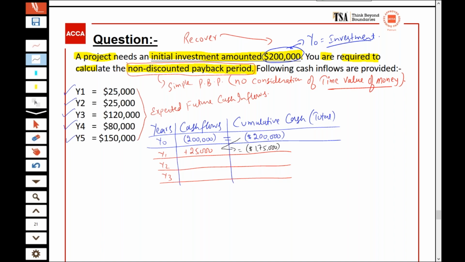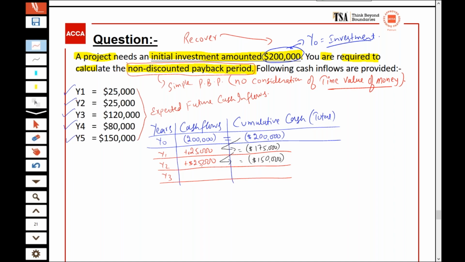Then if I have plus 25,000 more on my investment, how much will remain? 150,000. Then what about the next year?